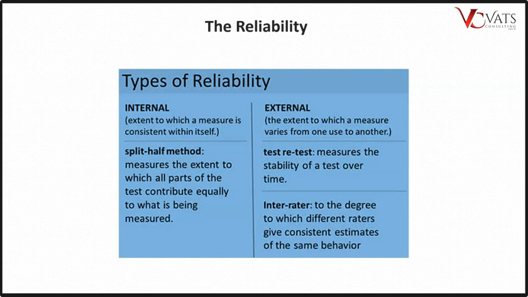If you have a 5-stage hiring process, internal reliability is how consistent these 5 stages are with each other, and external consistency is how consistent the complete hiring process is for different candidates. But as an HR professional, you just need to remember reliability means consistency. How it will be used in HR processes is coming.